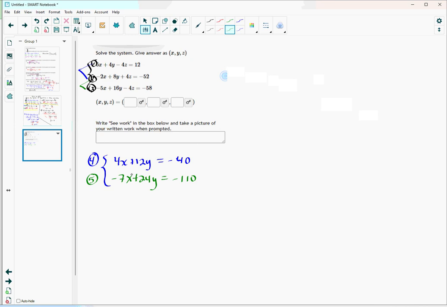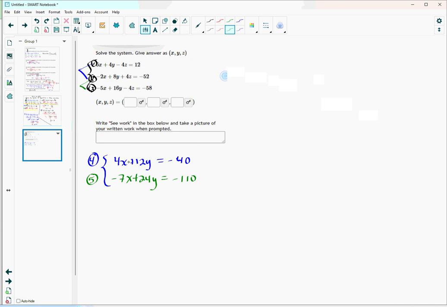Okay, I'm going to repeat that process where I reduce down to a system of only 1 equation in 1 variable. Now, looking at the 2 equations I have here, equation 4 and equation 5, it looks like the easiest thing for me to do is to eliminate y.